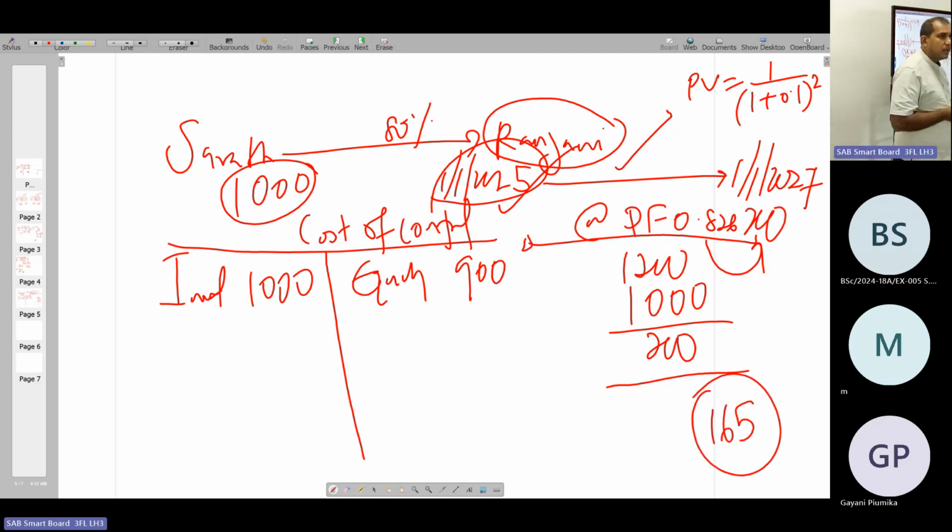Under this 165, the double entry. On the acquisition date, we need to record it. What's the double entry of this 165?